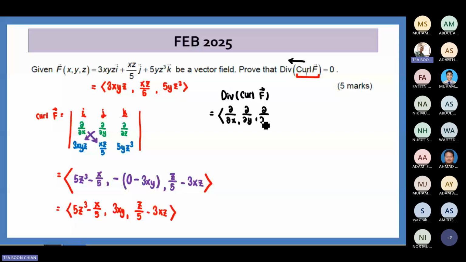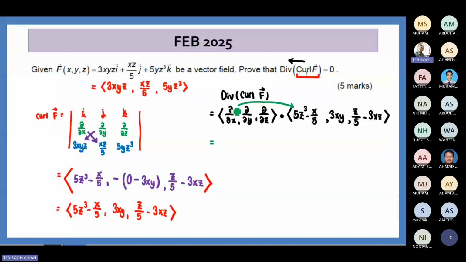Divergence means dot with the curl that we computed here: 5z to the power 3 minus x over 5, 3xy, and z over 5 minus 3xz. Under the divergence computation, component multiplies component.